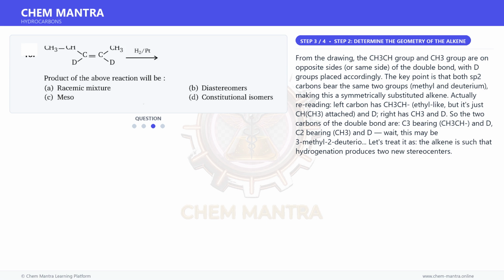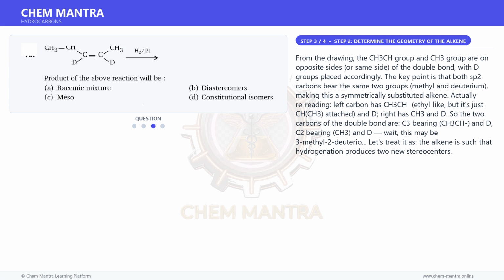Actually, rereading, the left carbon has CH3CH and D, the right has CH3 and D. So the two carbons of the double bond are C3 bearing CH3CH and D, and C2 bearing CH3 and D. Wait, this may be 3-methyl-2-deuterio.